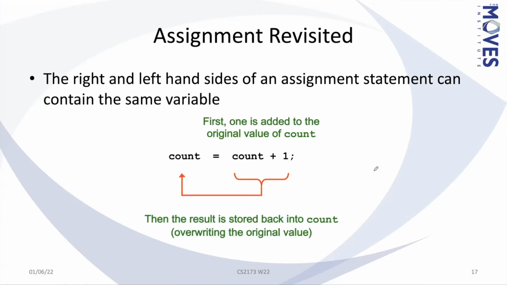Now, the right and left-hand side can contain the same variable. Because the right is evaluated first, let's say count were equal to 5.